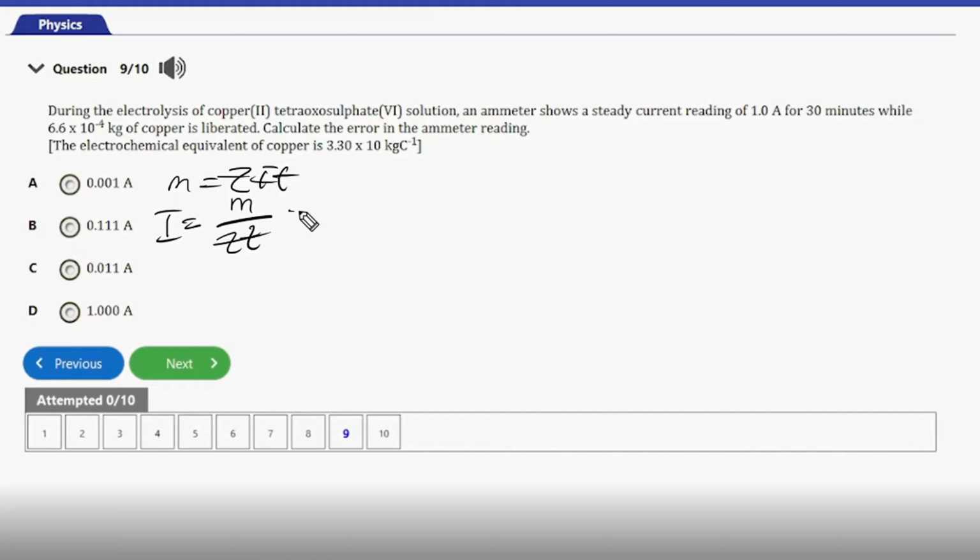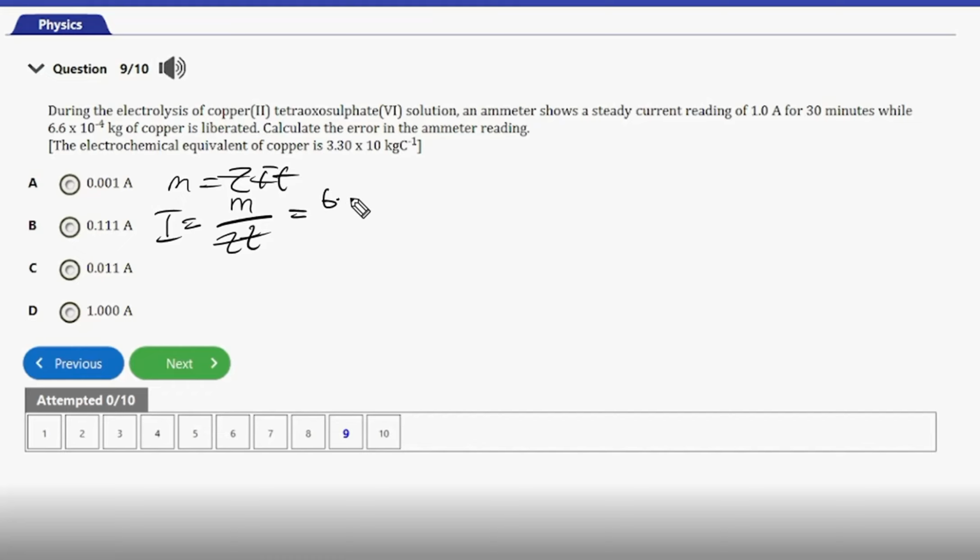So if we make this way, we are going to just substitute each variable here. So M, which is the mass here, becomes 6.6 times 10 to the power of a negative 4.